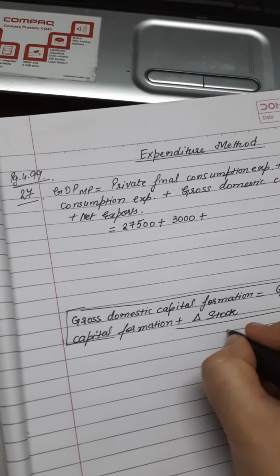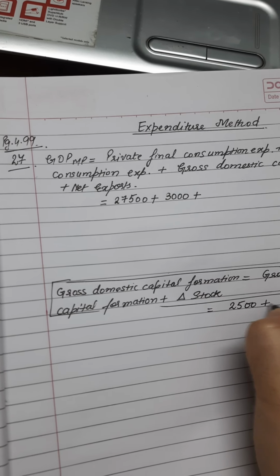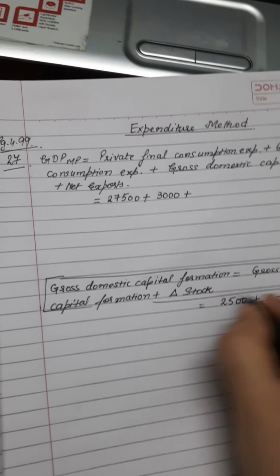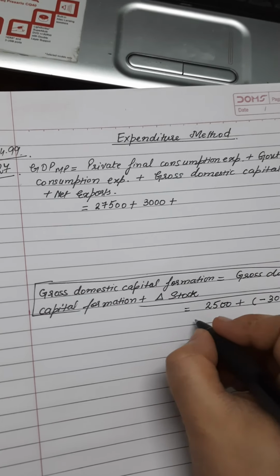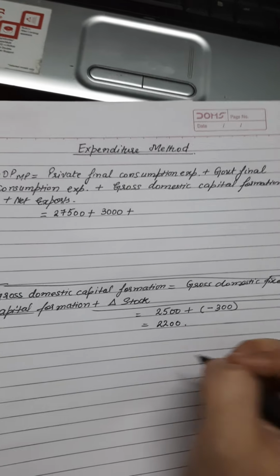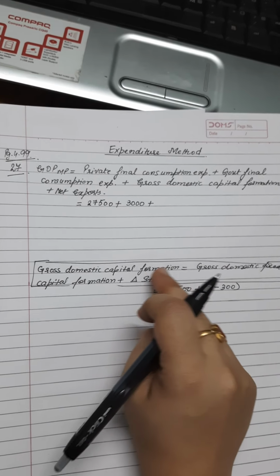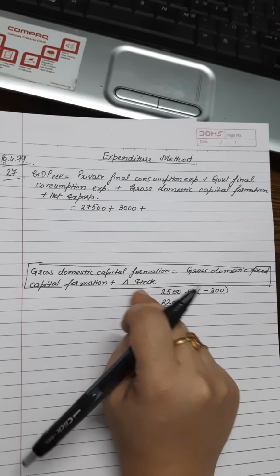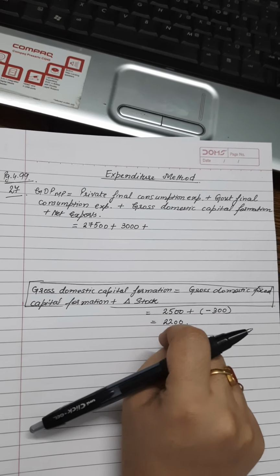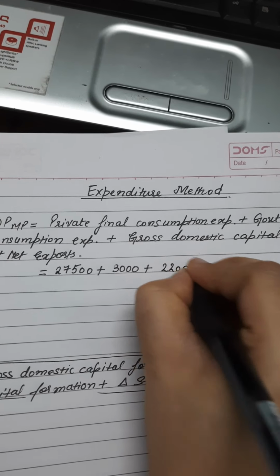So we will add in this minus 300, we will get the value of gross domestic capital formation. So it is 2200. Always when the fixed is given, you add change in stock. Here the stock has fallen, so minus sign we have put here, 2200. So I put 2200 over here.